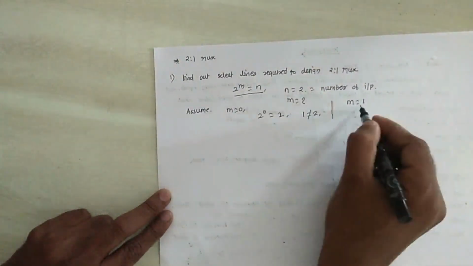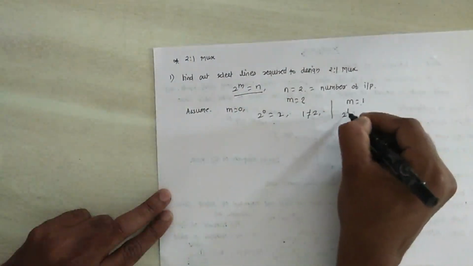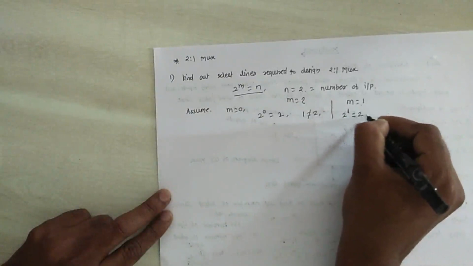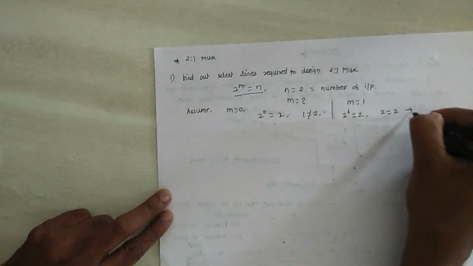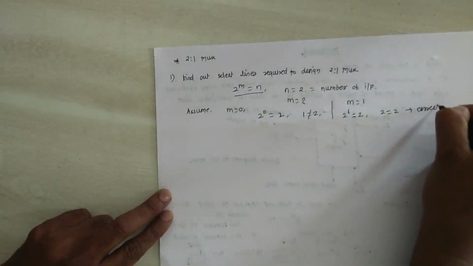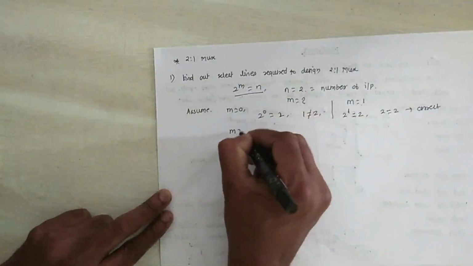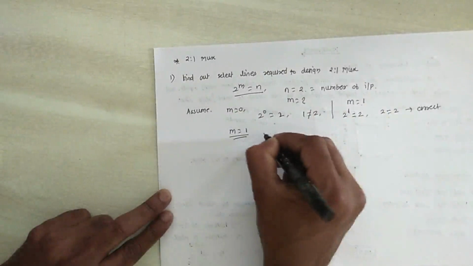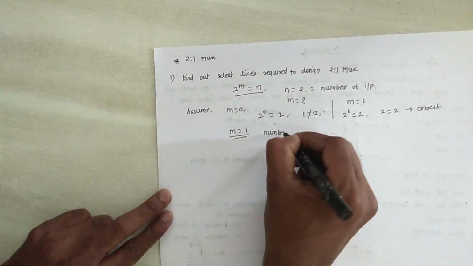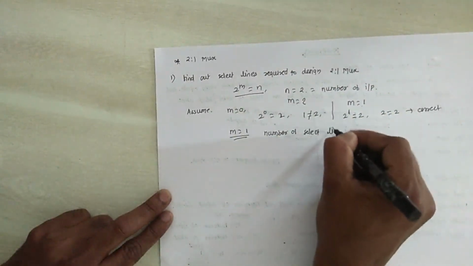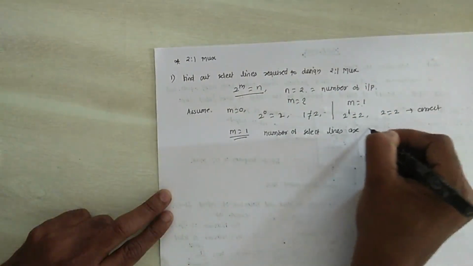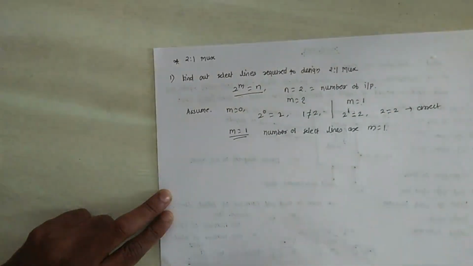Then 2 raised to 1 is equal to 2, so the equation is satisfied. So we require m equal to 1; the number of select lines is m equal to 1.